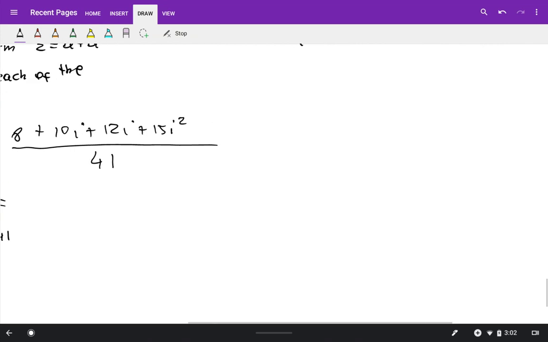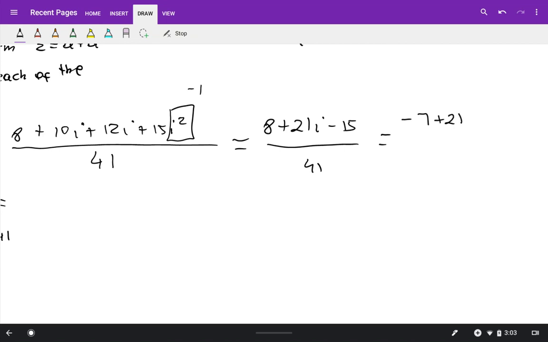Let's simplify the numerator. So we have 8, 10i plus 12i will give you 22i. And this i squared we're going to replace with -1. So 15 times -1 is -15, over 41. And this is just 8 minus 15, which is -7, plus 22i over 41.